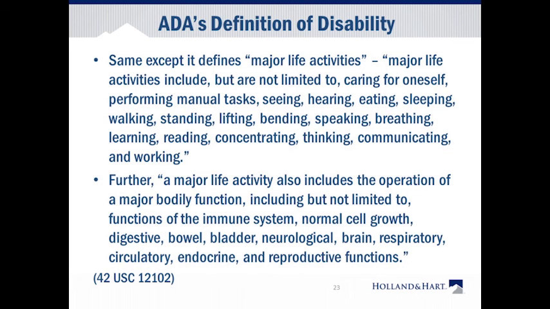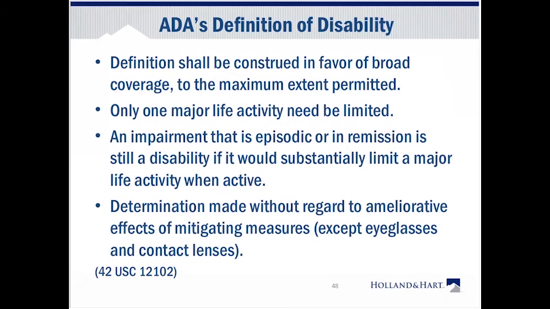The definition under the ADA shall be construed in favor of broad coverage to the maximum extent permitted. So if in doubt, you should assume that there is a disability. It only has to limit one major life activity, and an impairment that's episodic or in remission is still a disability if it would substantially limit a major life activity if it were active.